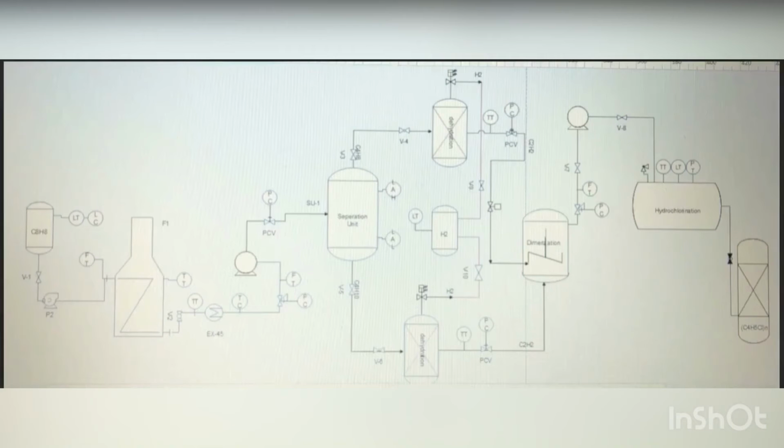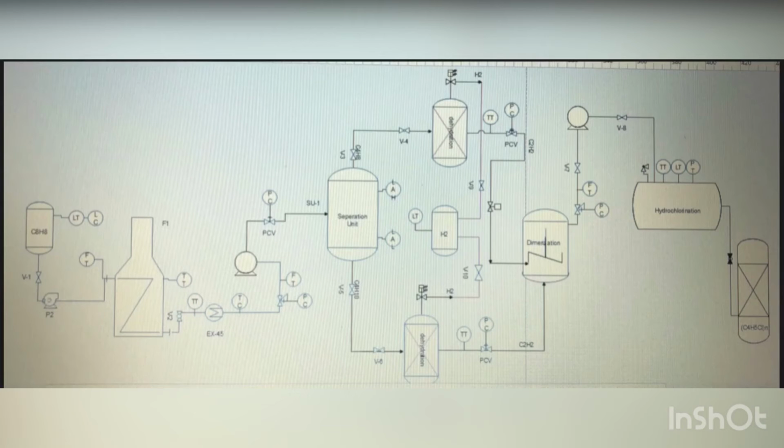After that it passes through the pressure controller, which eliminates pressure if there is high pressure, then it passes through the flow transmitter, which is necessary to know the volume that passes.